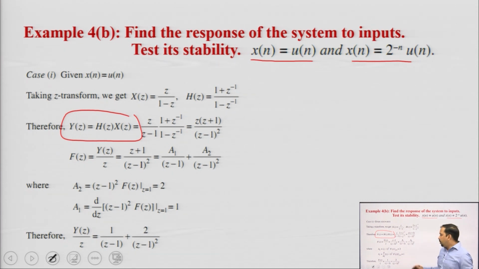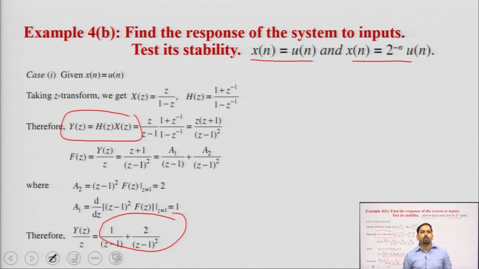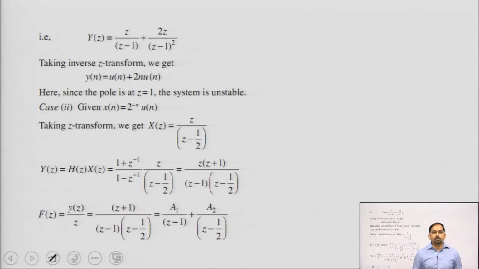If we compute where the poles of Y(z) are lying, inside or outside, we can make a comment. By seeing here, the poles are lying on z equals 1, which is on the unit circle. So, the system is unstable.